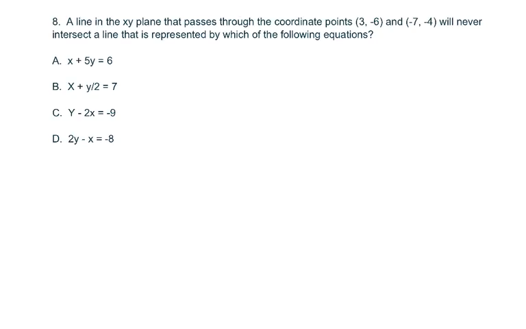All right. Next one. In the xy plane, that just means x and y, two-dimensional, a line passes through the coordinate points and will never intersect a line that is represented by which of the following equations. For this you have to know that parallel lines never intersect.